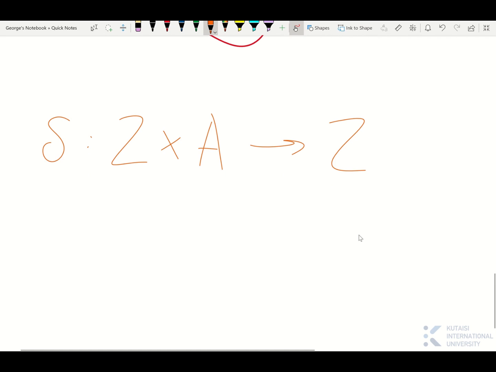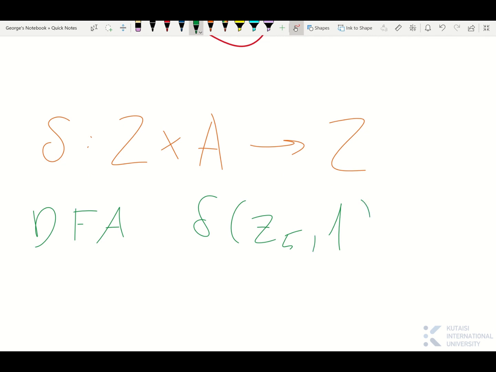I do not want to produce one state, basically. So let's say a DFA would say that delta of Z5, 1 is equal to Z17. That means that if in state Z5 I read 1, I have to go to Z17.